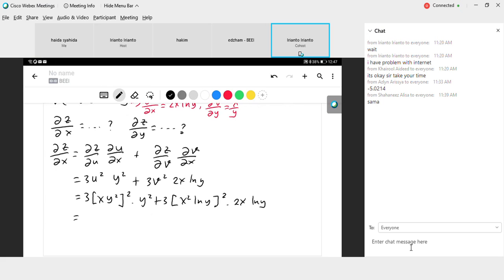Okay, 3x squared y to the power of 4 multiplied with y squared gives y to the power of 6. 3 multiplied with 2 is 6, x squared times x to the power of 4 gives x to the power of 5, ln squared times ln y gives ln cubed y. That's it.